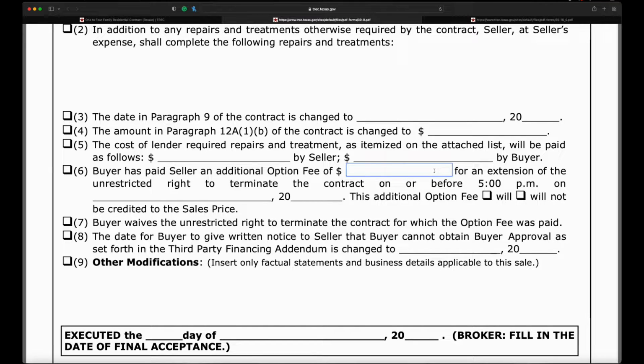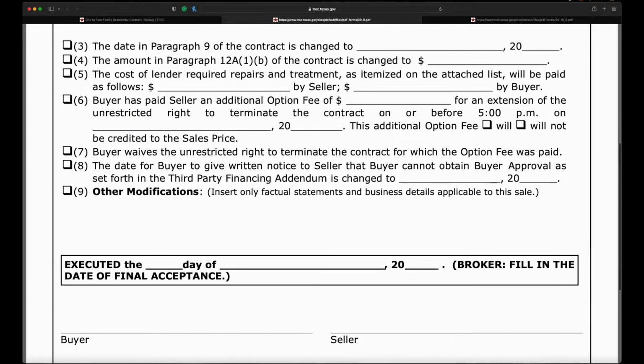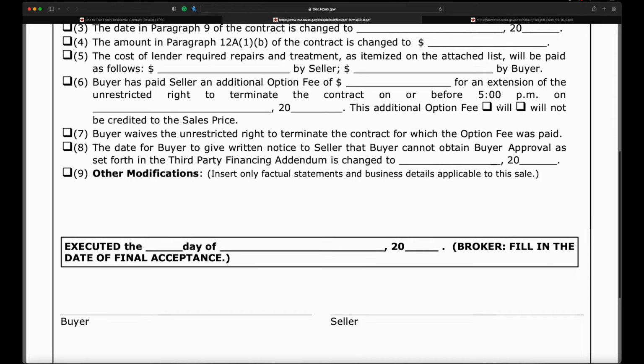That's not fair. So you just put 0, and then you put your extra time, whatever date yours is. And then of course, if you're going to put an extra option fee, typically it will be credited to the sales price. That's only fair, right? If you go through with it, your money should go in there.